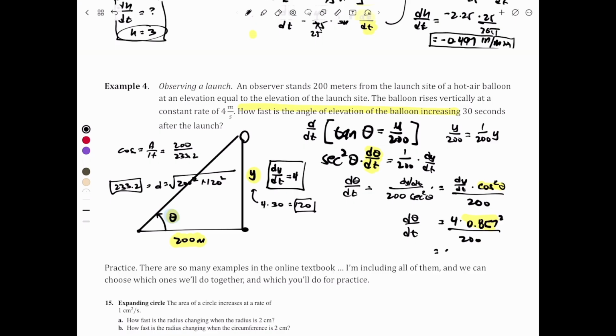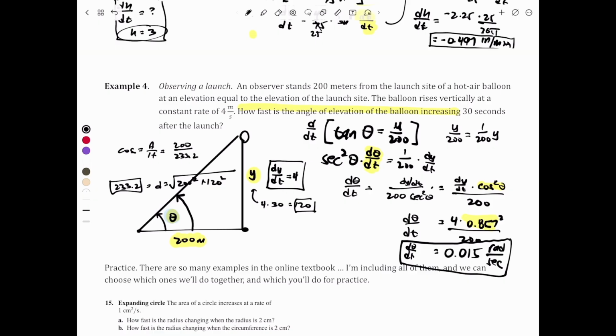Well, the angle of elevation is measured in radians, and our unit of time is seconds. And that is how quickly the angle of elevation is changing at that moment in time.